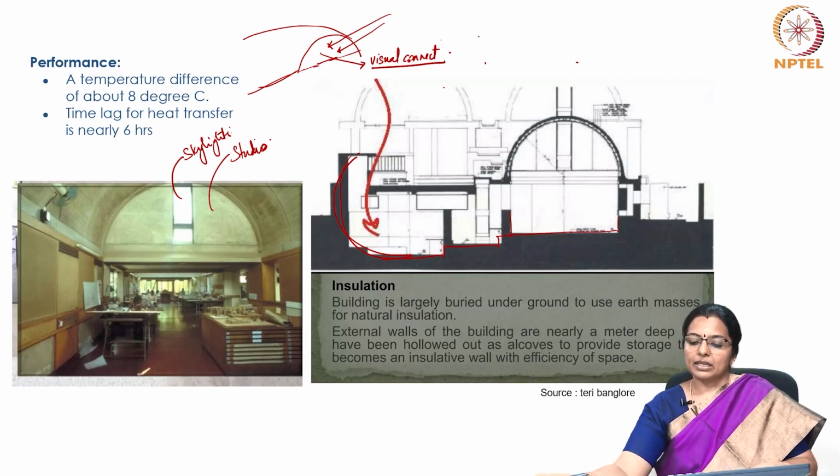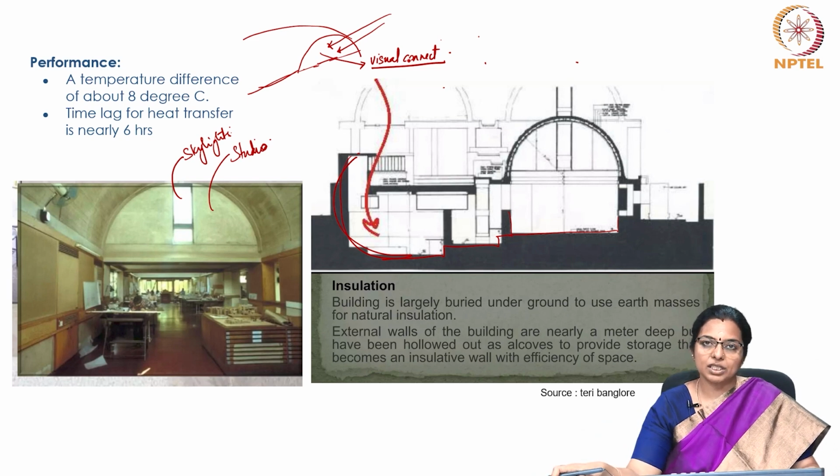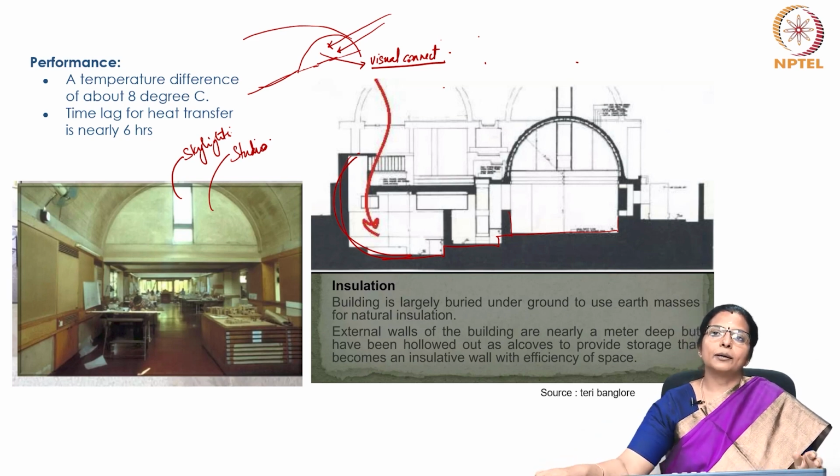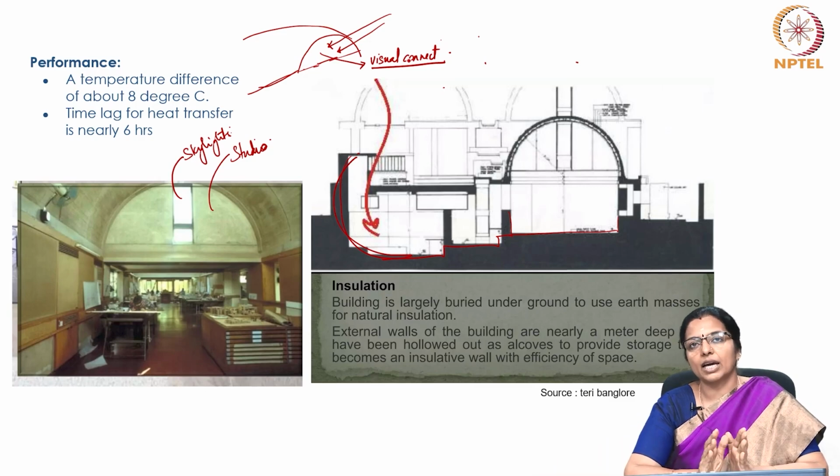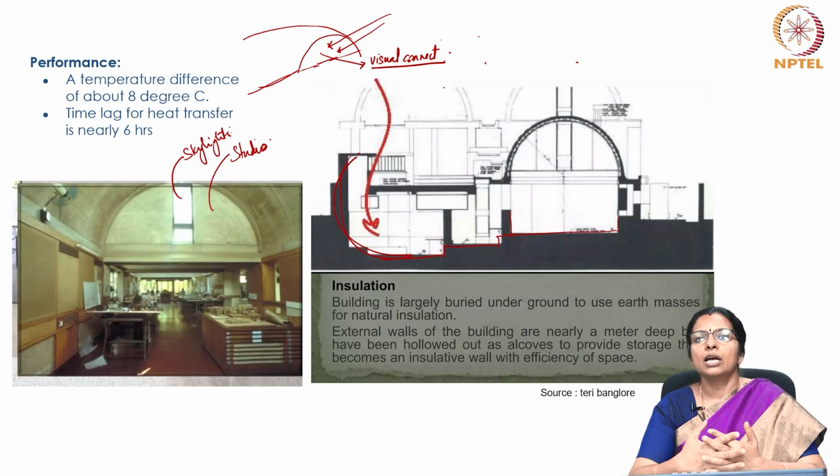So, these are the two types of earth sheltering, and they should be done very carefully in humid environments, otherwise the problems of condensation and mold development start, and they are best and ideal for hot and dry conditions. The concept of this is adopted from traditional architecture.